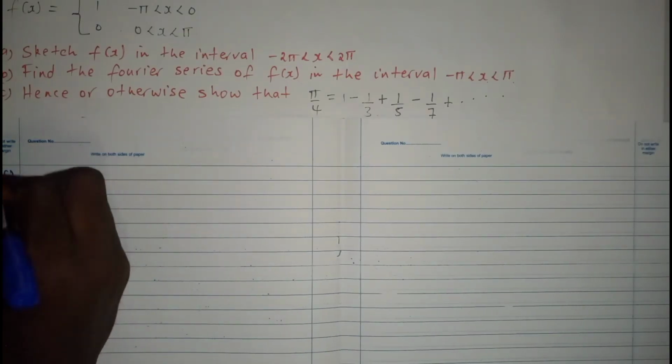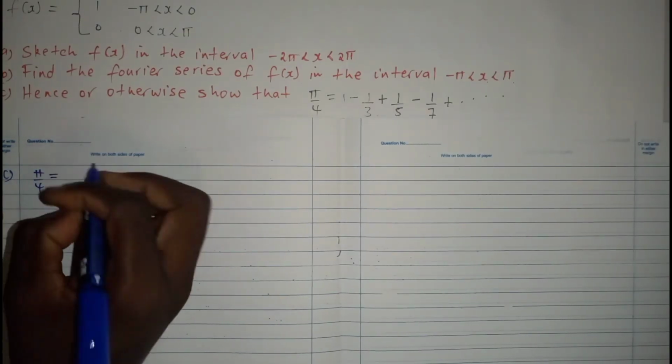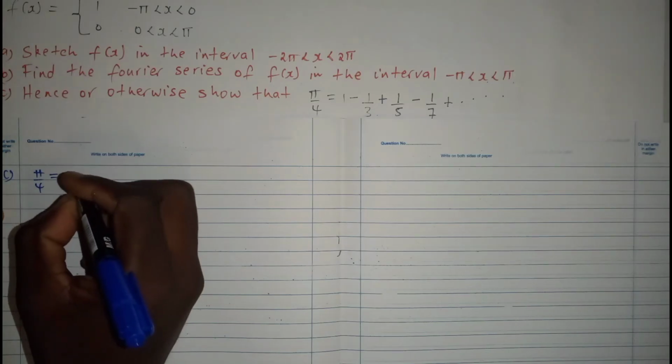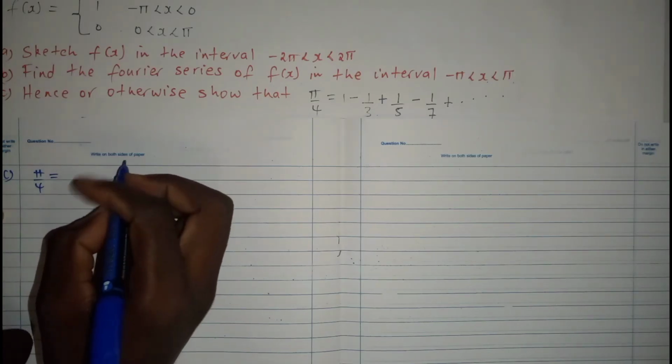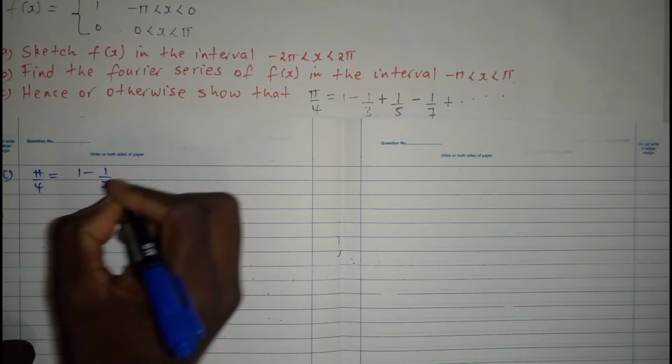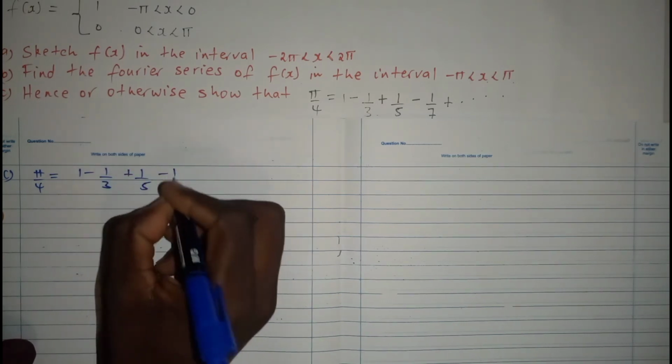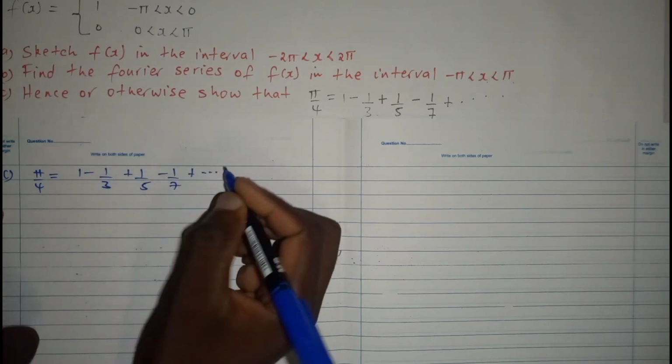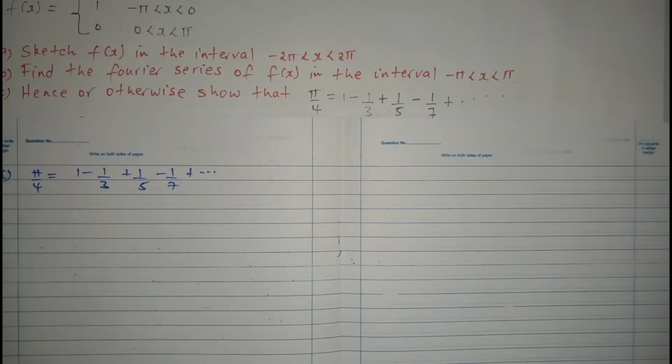So on part C, we want to prove that pi upon 4 is equal to 1 minus 1/3 plus 1 over 5 minus 1 over 7, and so on. So what we're going to do here, we're going to use what we have.